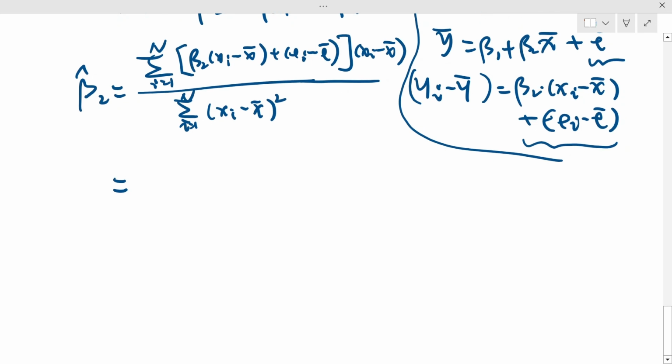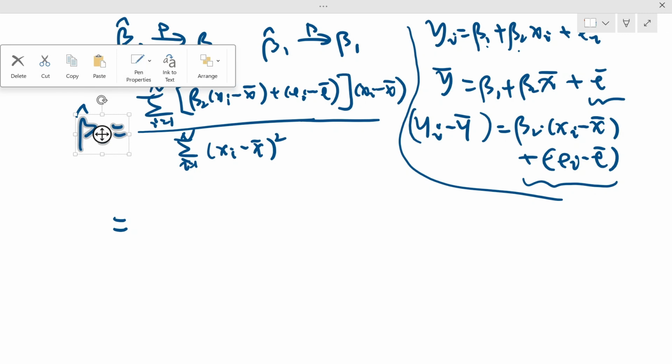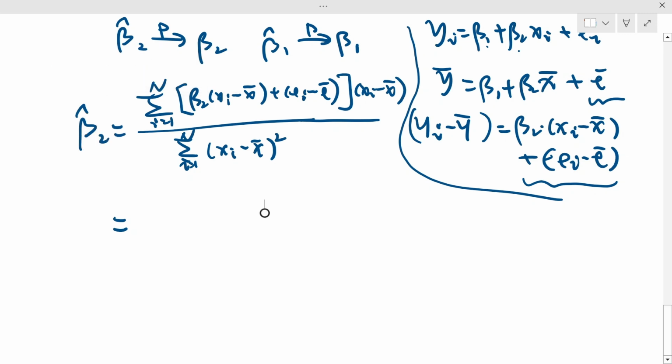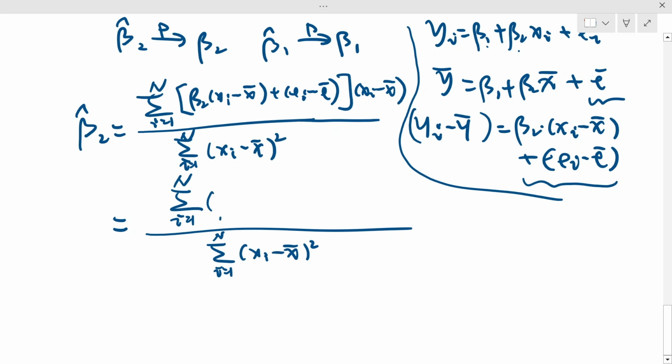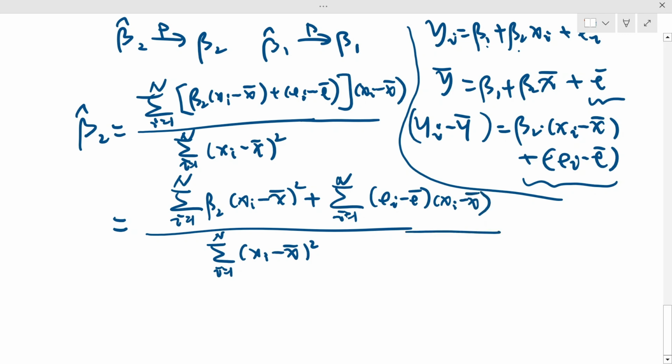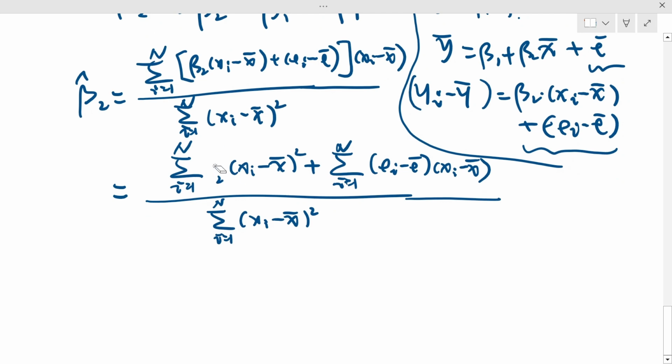The reason I'm doing this algebraic manipulation is I want to show you that indeed as sample size goes to infinity, beta hat 2 converges to the true value of beta 2 in probability. So beta 2 does not depend on i, so we can pull it out.